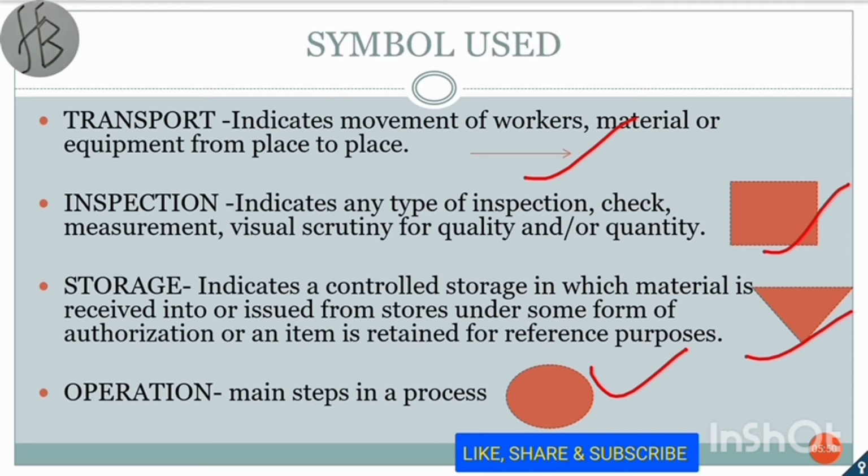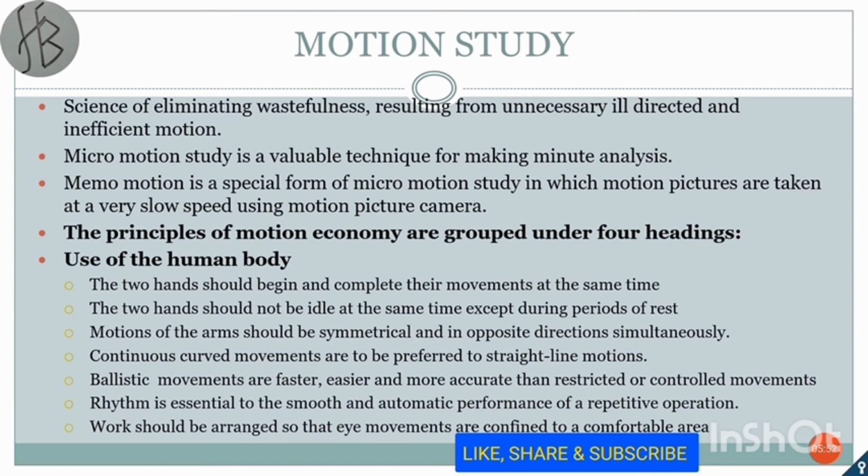Now, what is motion study? Motion study is part of method study. You can say it is a science of eliminating waste resulting from unnecessary, ill-directed and inefficient motion. So, what is motion study? We are eliminating the wasteful motions.